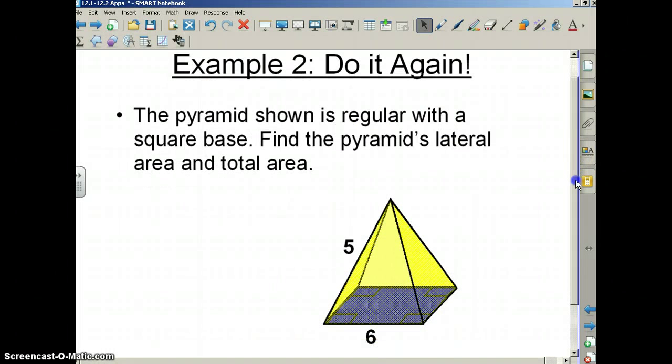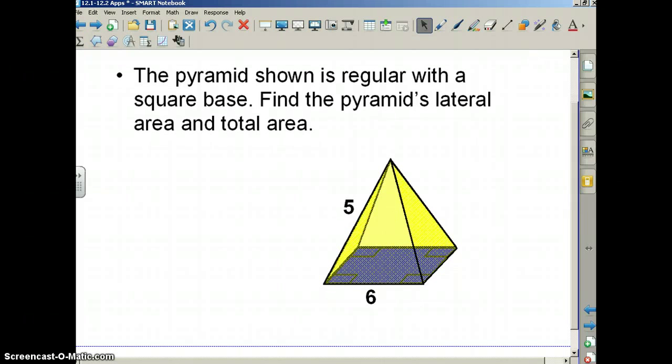Let's take a look. So we have a square base, and we're going to find the pyramid's lateral area and total area. Notice how we have a lateral edge of 5, and that is not the slant height, so we're going to need to find the slant height. So again, lateral area of a pyramid is half the perimeter of the base times the slant height.